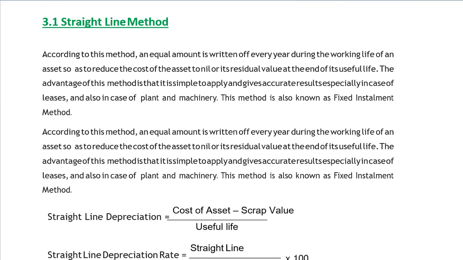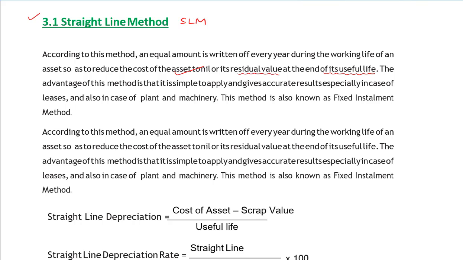The first method is the straight line method, SLM. According to this method, an equal amount is written off every year during the working life of an asset so as to reduce the cost of an asset to nil or its residual value at the end of the useful life of the asset.